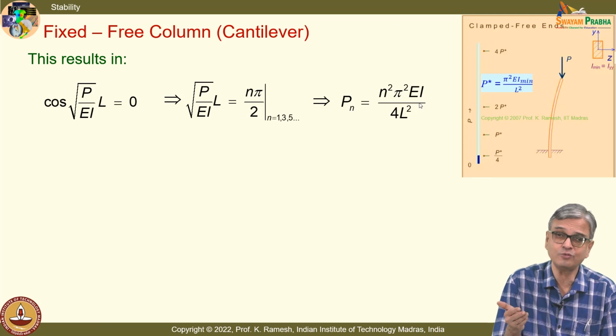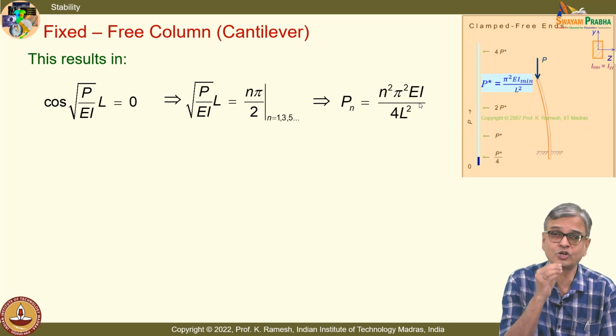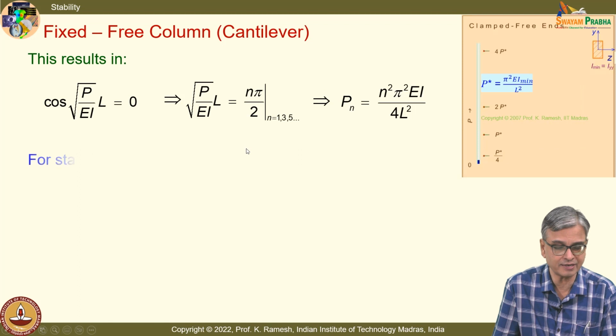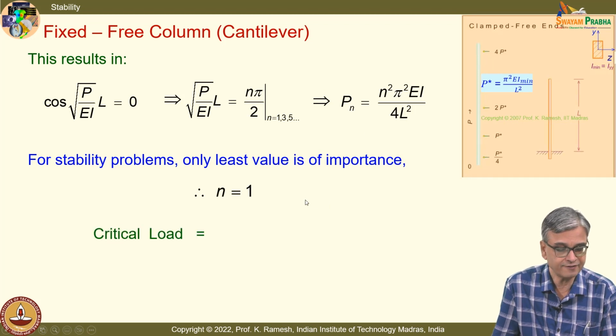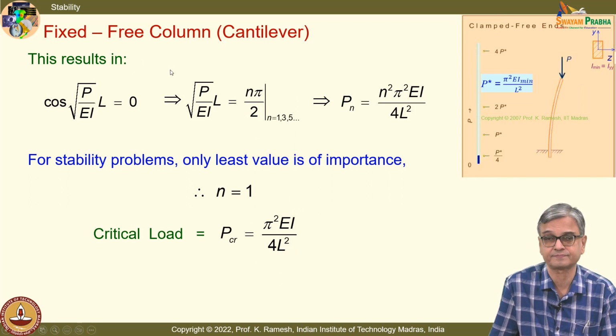If you take another I, you will get another value, but that may be higher than the least value. You do not want the column to deflect, you do not want the column to buckle in a given application. So, I minimum is a better representation, only least values are of importance. So, we will have n equal to 1. That gives me the critical load as P critical equal to pi squared EI by 4L squared. See, this is for the case of a fixed free column.